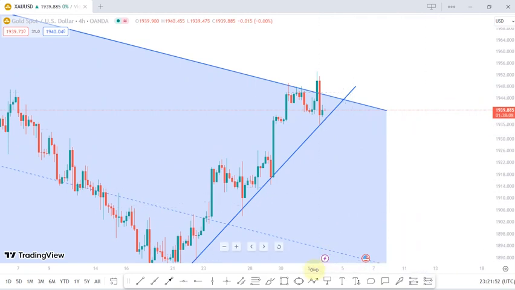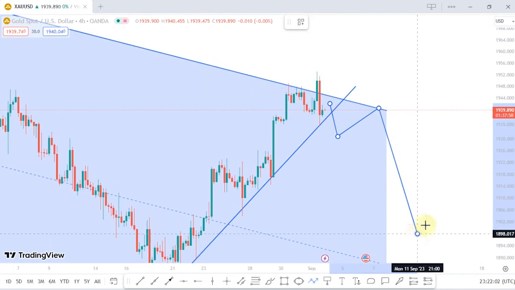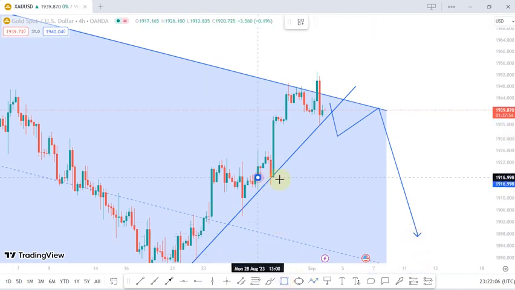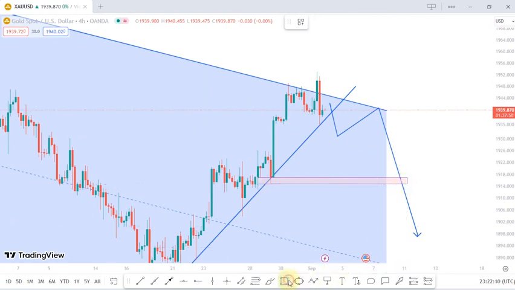But from what I'm seeing, we might have a break, a retest, and gold will continue to go down, and as it's going down, we take note of all these levels.